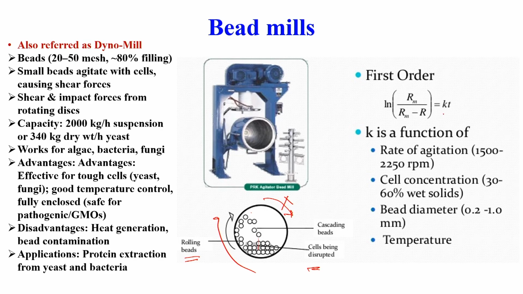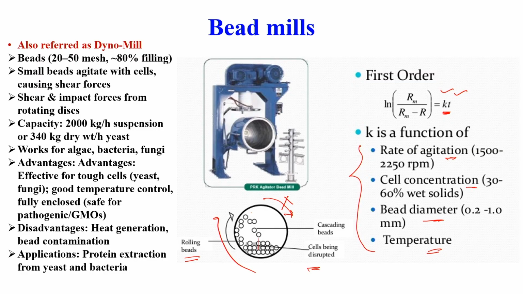Here it typically follows first order kinetics: ln(Rm/(Rm - R)) is proportional to k times t. So, it is a function of k and time, and k is a function of rate of agitation, cell concentration, bead diameter and temperature. So, k depends on all 4 parameters: the rate of agitation, the concentration of the cell, the diameter of the bead, and the temperature.